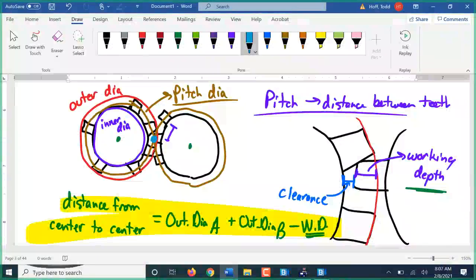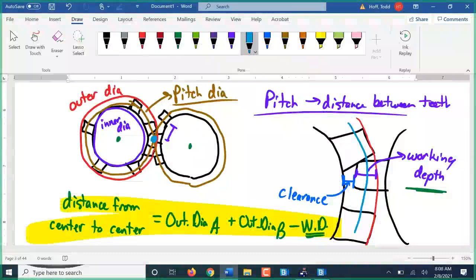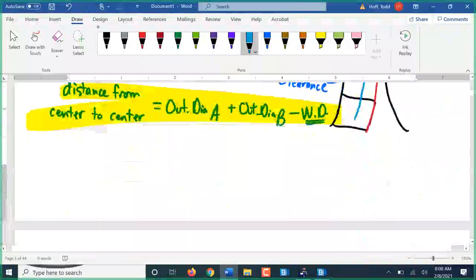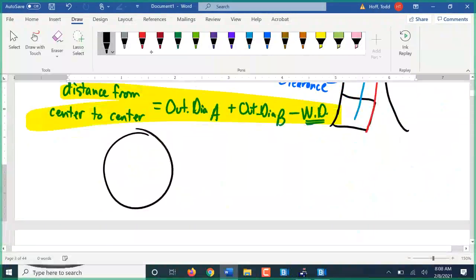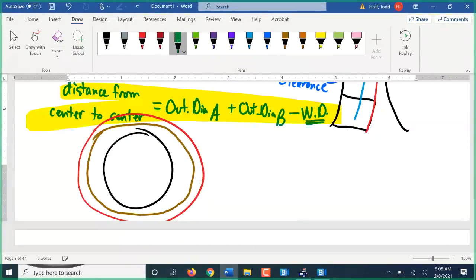The pitch diameter would go through it halfway through the working depth. Now, that working depth, this circle, here's the outer diameter, right? Our pitch diameter's in here. This is half the working depth here.